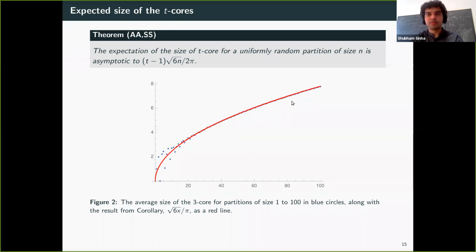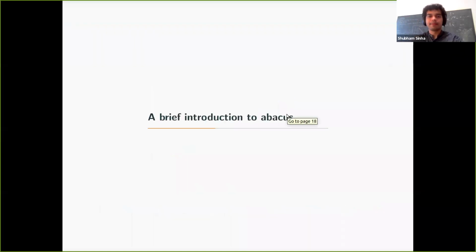So instead we'll use this to do some more combinatorics of a uniformly random partition. Before we start, let me briefly introduce.